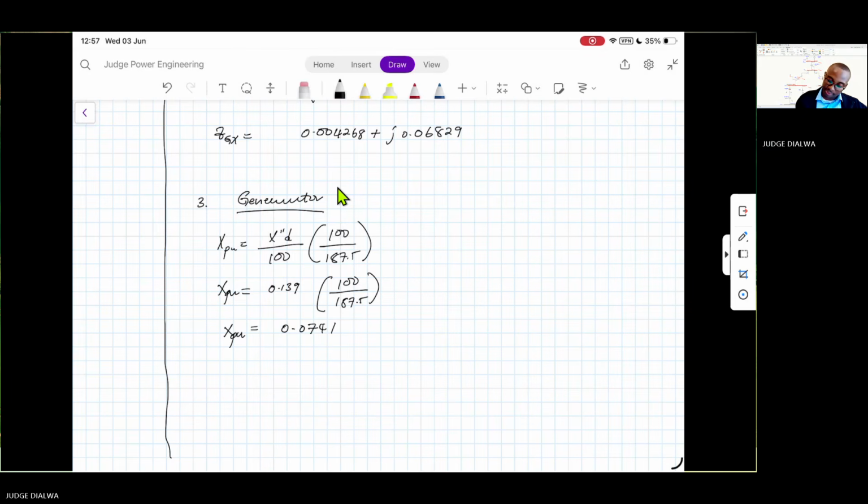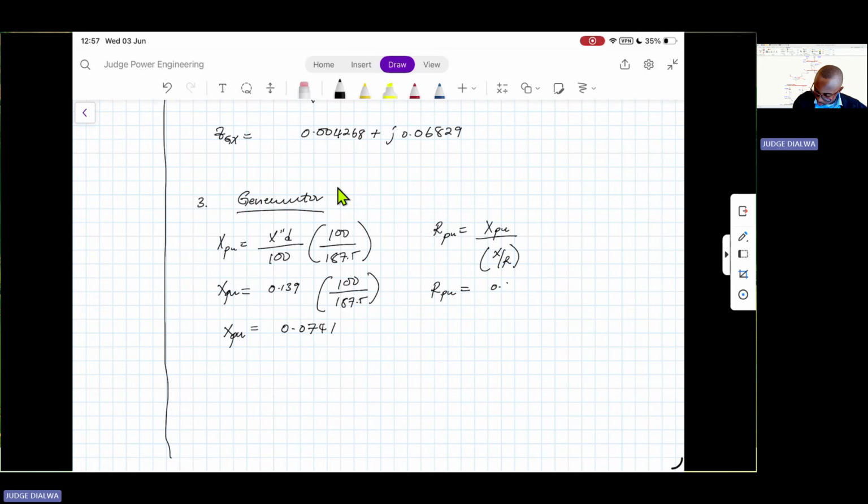So our per unit reactance will be 0.0741. With that, we can then compute our per unit resistance, which will be our per unit reactance divided by the X over R ratio. And as you may remember, our X over R ratio was 10.